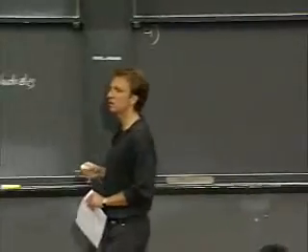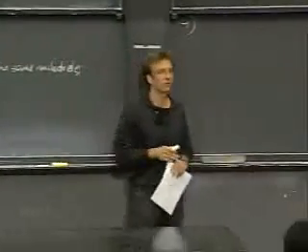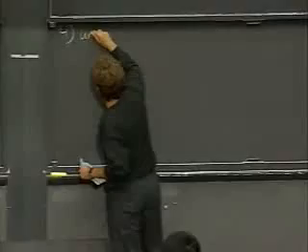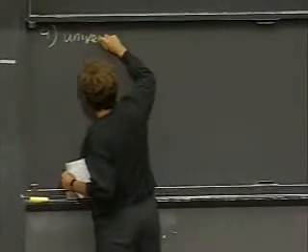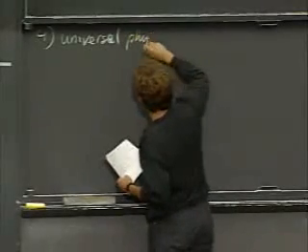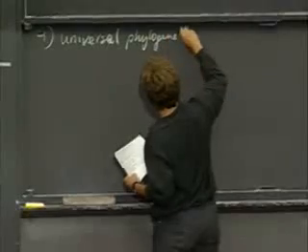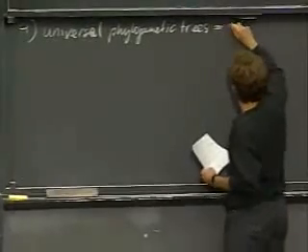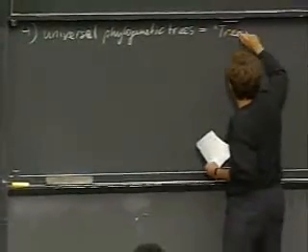These techniques really revolutionized the study of evolutionary relationships, and one of the things that it allowed us to do is to construct universal phylogenetic trees, or what we can also call the tree of life.